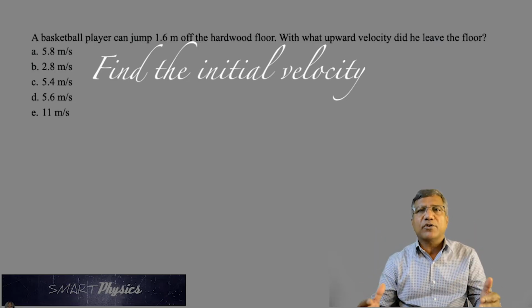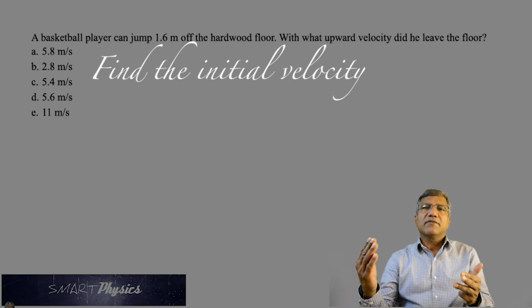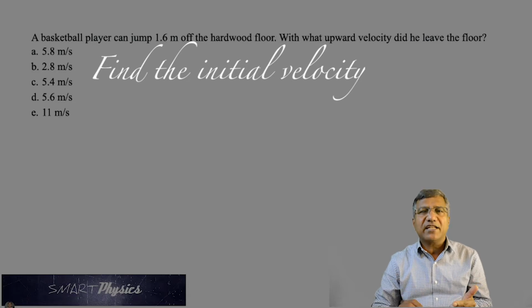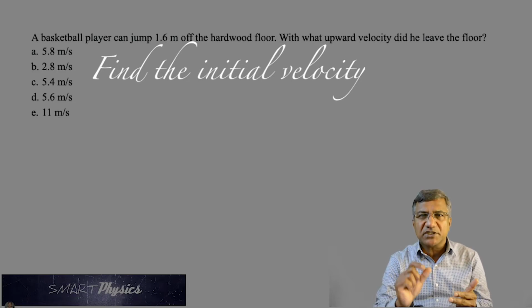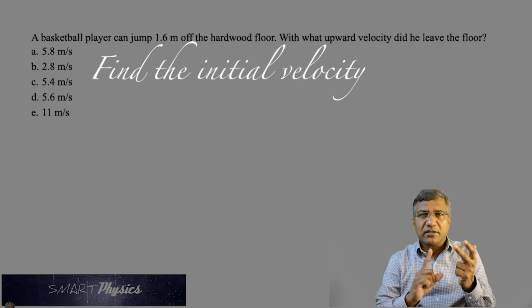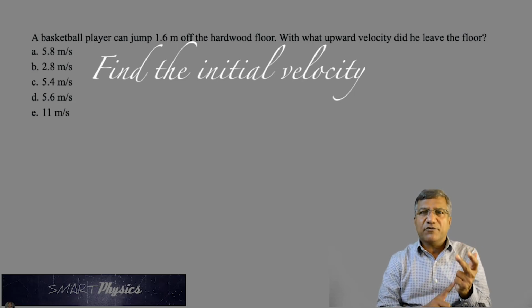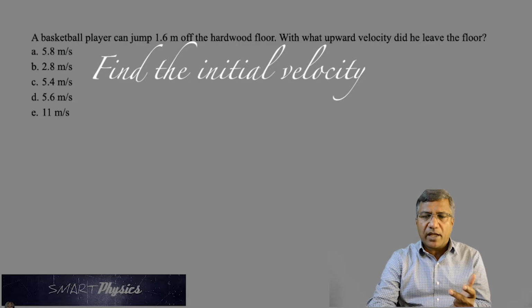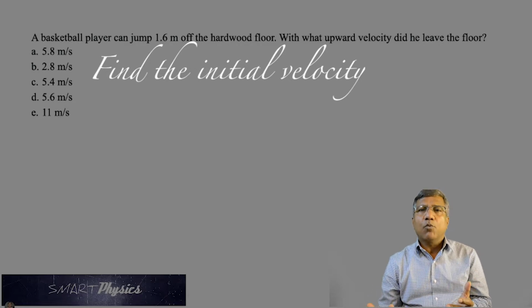So you're looking for the initial velocity, V0, okay? And since this is something against gravity, the acceleration is always negative 9.8 meter per second squared. So we got the acceleration. We got to find the initial velocity. It says he can jump 1.6 meters up.